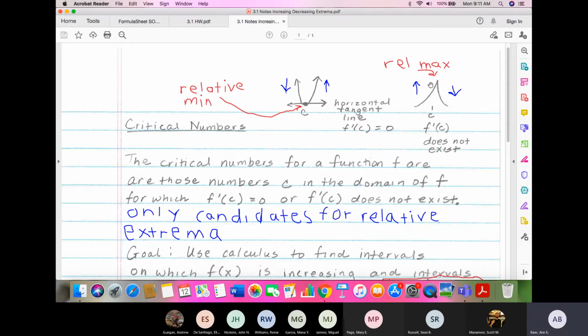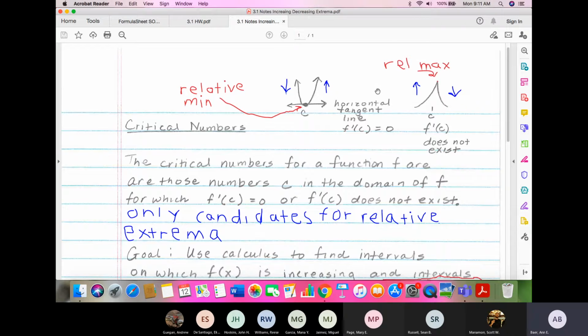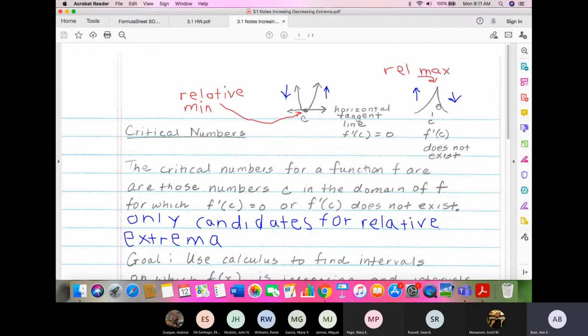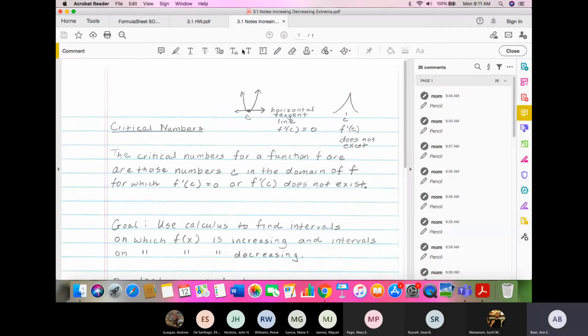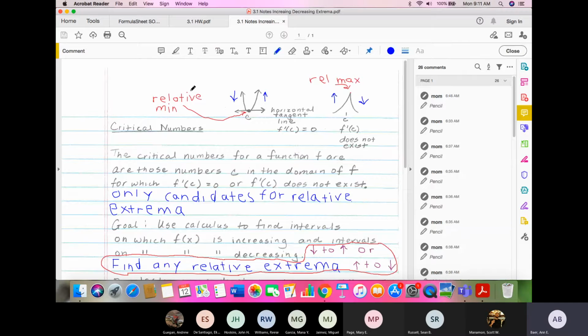We're calling that a relative maximum. This C, f of C is a high point of the graph. So we're calling that a relative maximum. So together, these two right here are called relative extrema.